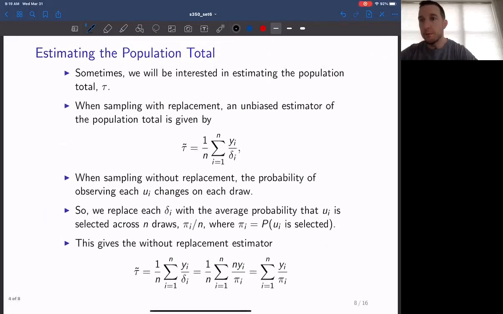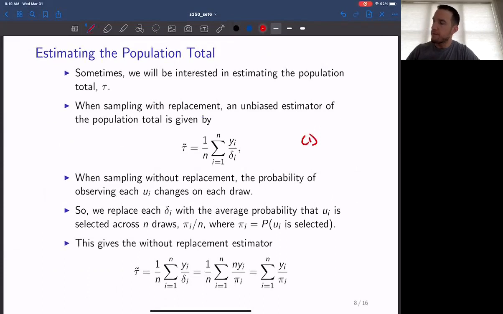So if we want to compute the total based off of a sampling with replacement or sampling without replacement strategy, we of course would have two different estimates. In the case that we sample with replacement, an unbiased estimator of the population total is given here, and I'll just call this equation 1.